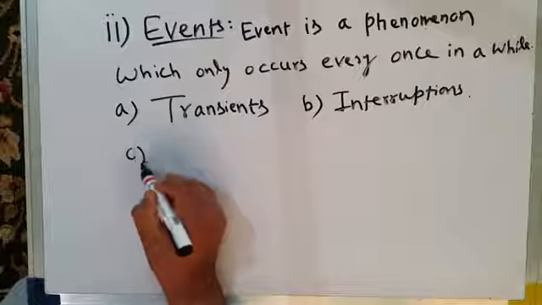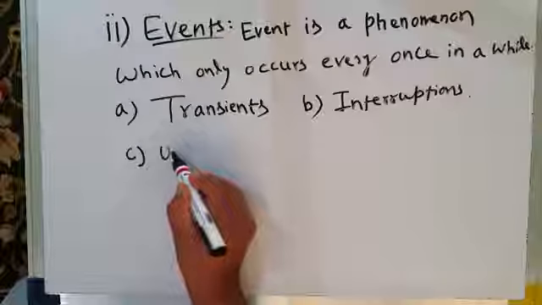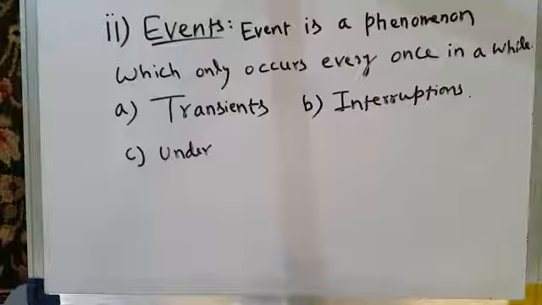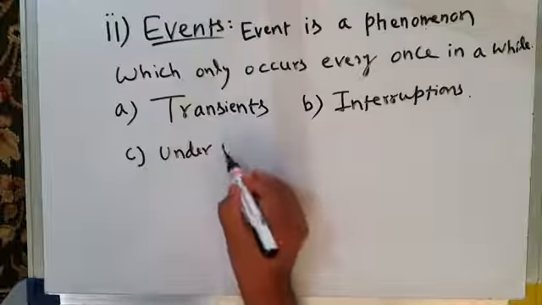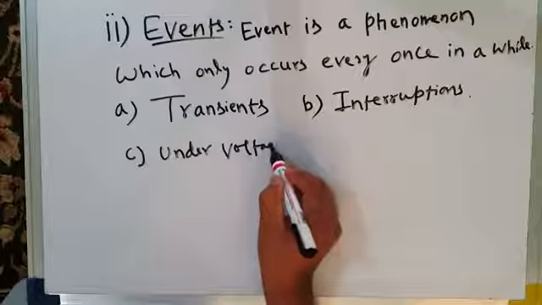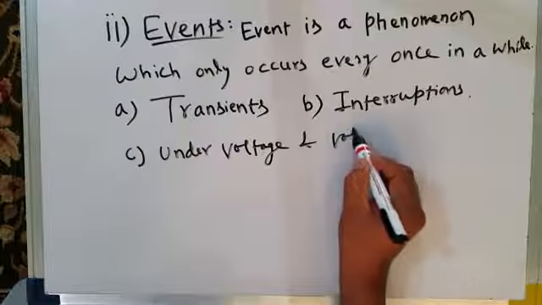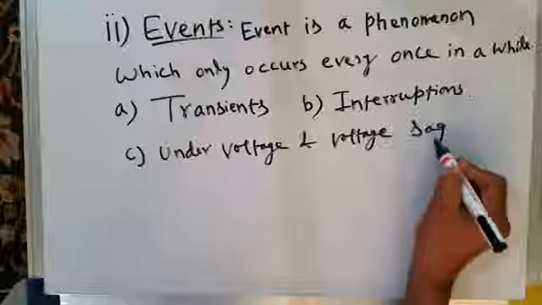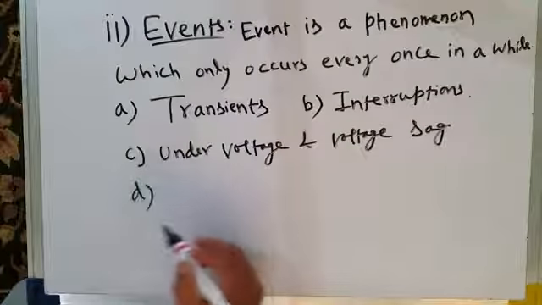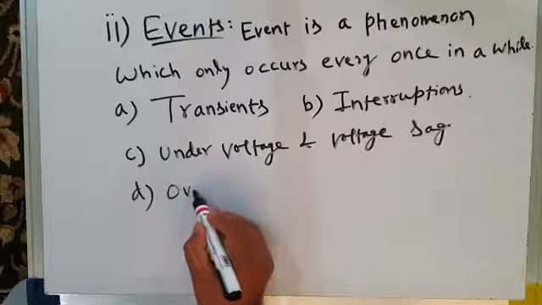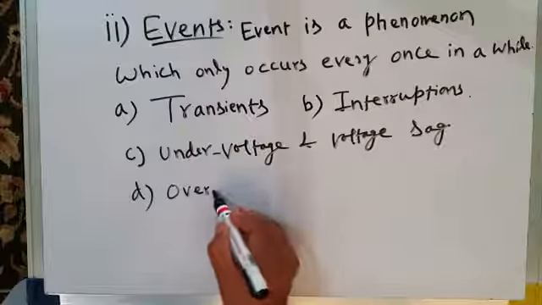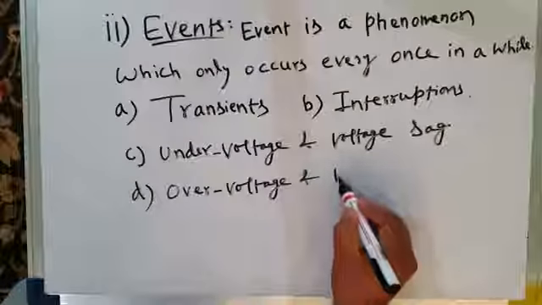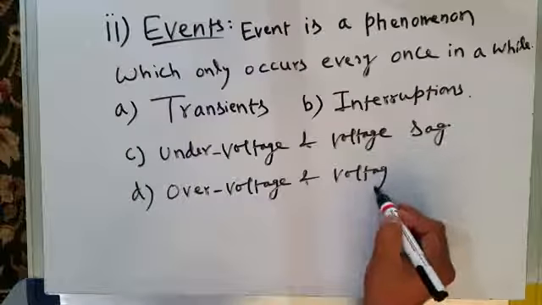The third example of event is under voltage and voltage sag. And the fourth type of event is over voltage and voltage swell.